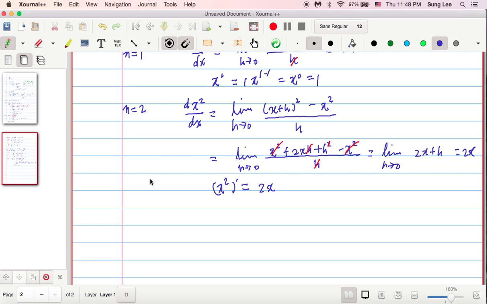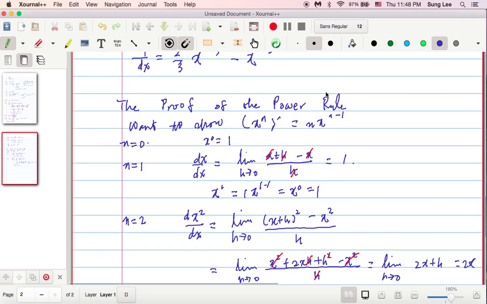So they conjectured that the derivative of x to the power n would be n times x to the power n minus 1. But that's just your conjecture. You have to prove it. So they did prove it, using the binomial expansion.